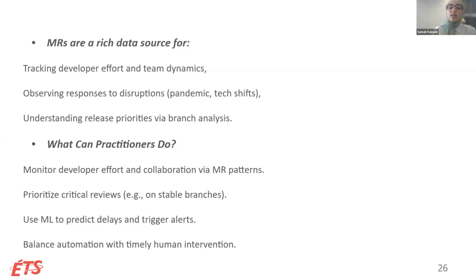If we talk about the limitation of the study, our study was conducted on one company. So this company was, for example, shifting during COVID-19. It had OpenShift, and the people working there have a different culture and different policies.